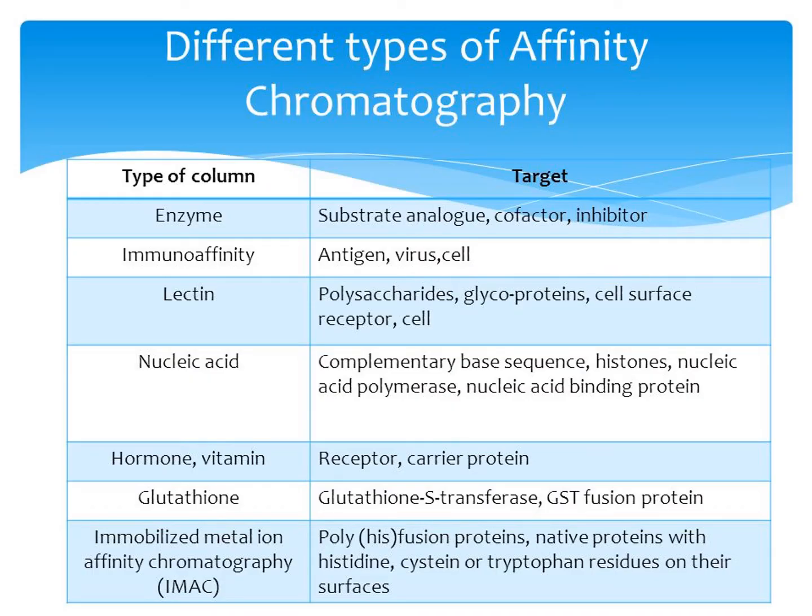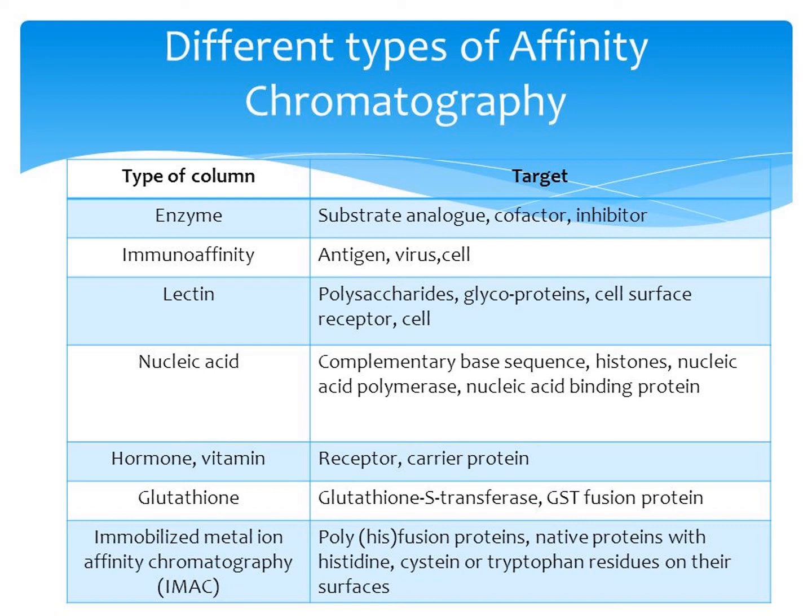So these are the different kinds of affinity. You can use an enzyme that will bind substrates. You can use antibodies to bind an antigen. You can actually purify virus from a patient's fluid. You can purify cells, kind of like the FACS, where you targeted proteins on a cell. You can actually immunoaffinity purify cells if you have an antibody.